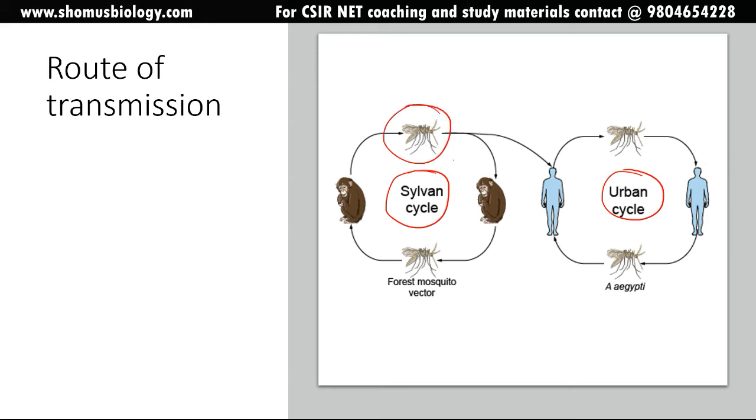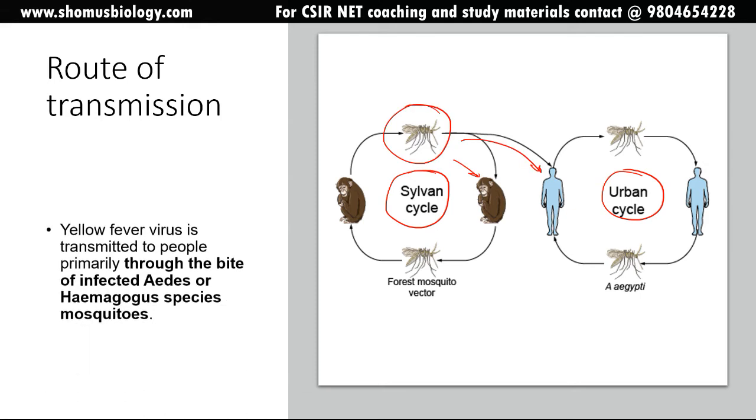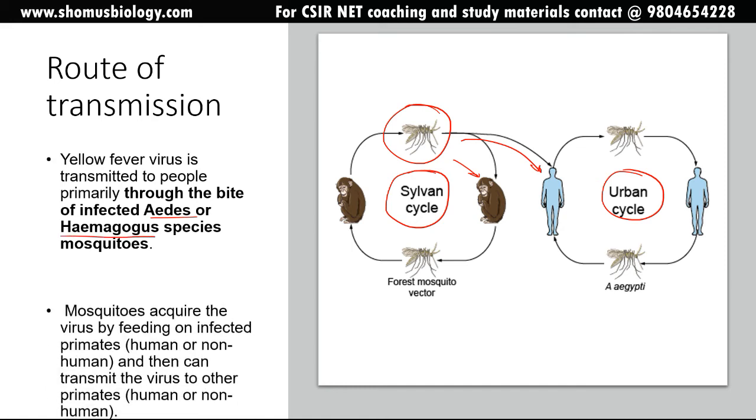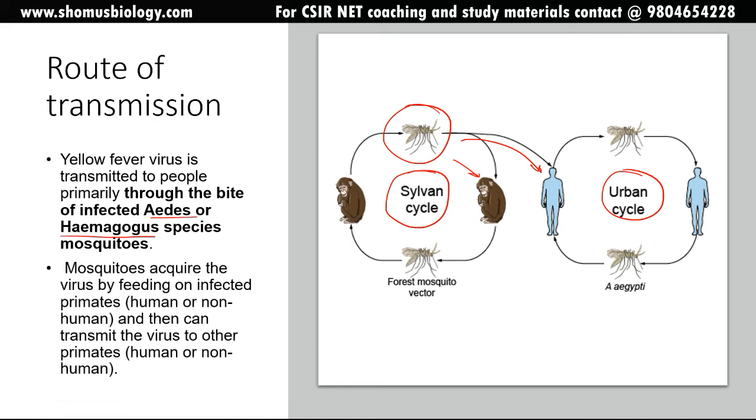The same mosquito can attack the chimpanzee as well as humans. It is transmitted to people primarily through the bite of Aedes and Haemagogus mosquitoes. Mosquitoes acquire this virus by feeding on infected primates, human or non-human, and can then transfer it to a healthy person.